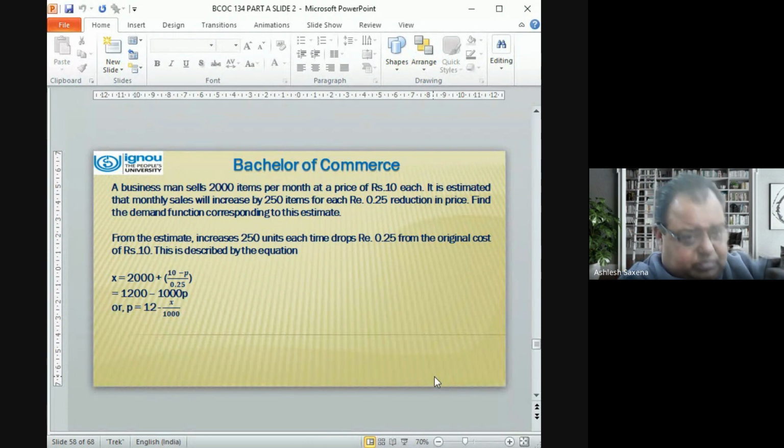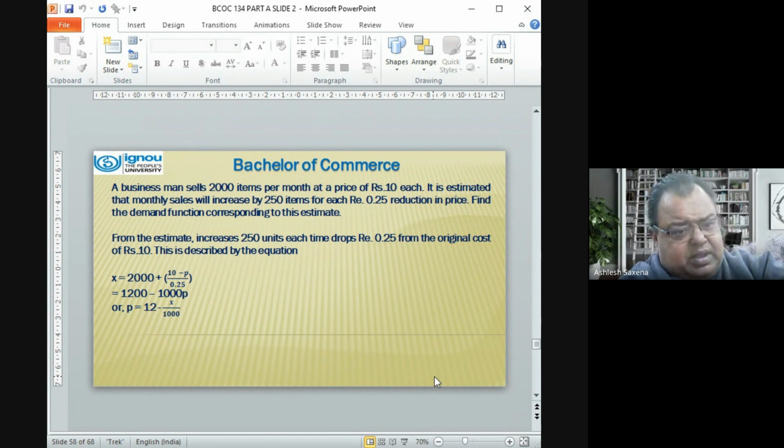Now the thing is that we have to apply ourselves. How to calculate the demand function? First of all, we should be aware of what economics is all about, what has been given to us, and what we are being asked to calculate.